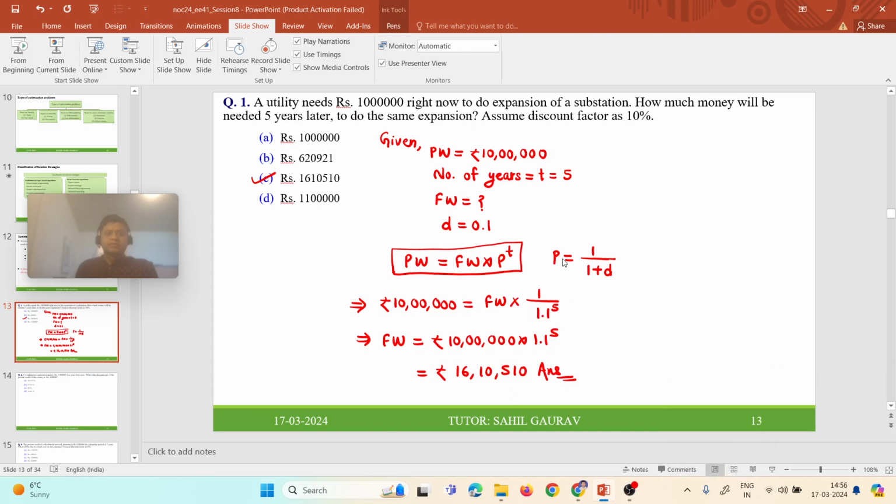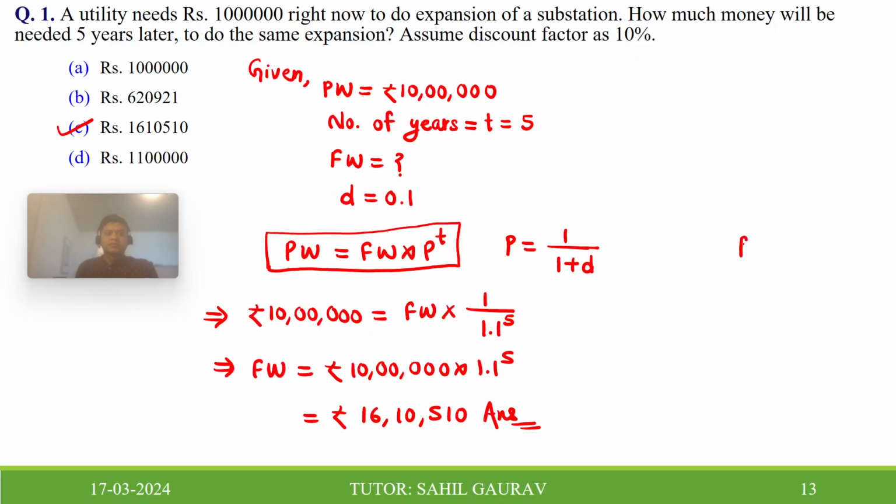And why is the present worth factor denoted as 1 upon 1 plus d somewhere, and somewhere as 1 upon (1 plus d upon t)? In the book also, they represent the present worth factor like this. This is also correct because if you take t equal to 1, then it comes the same.